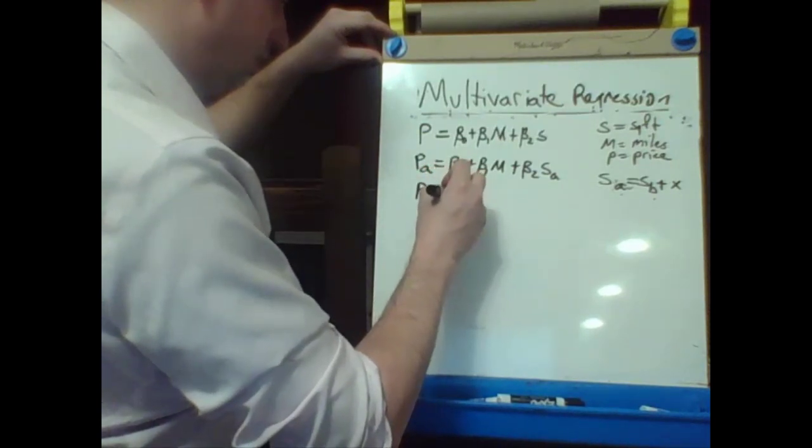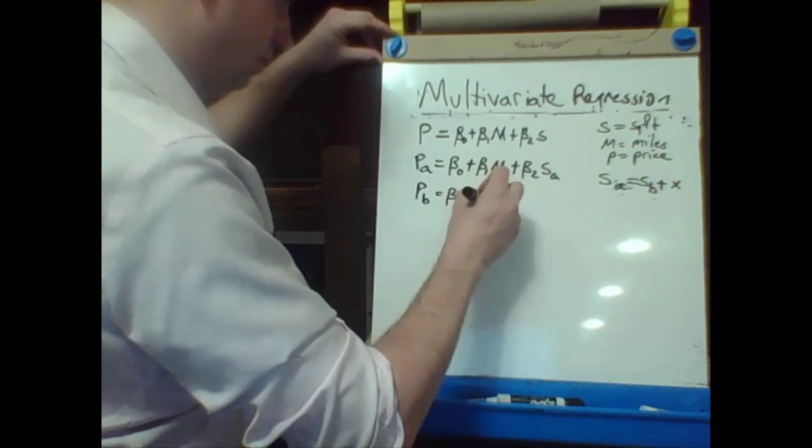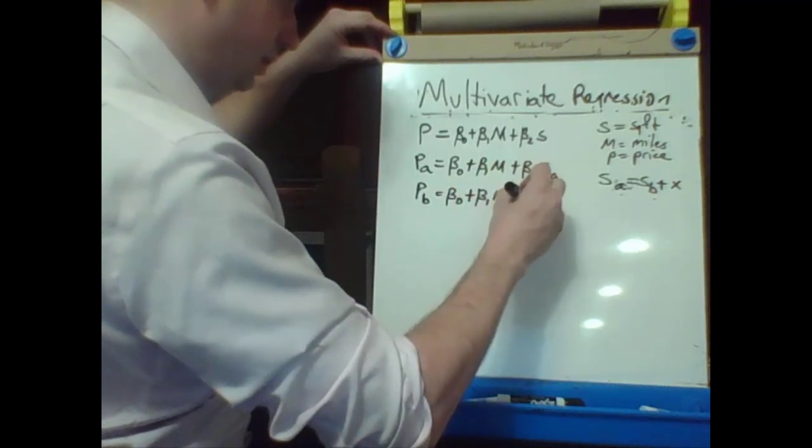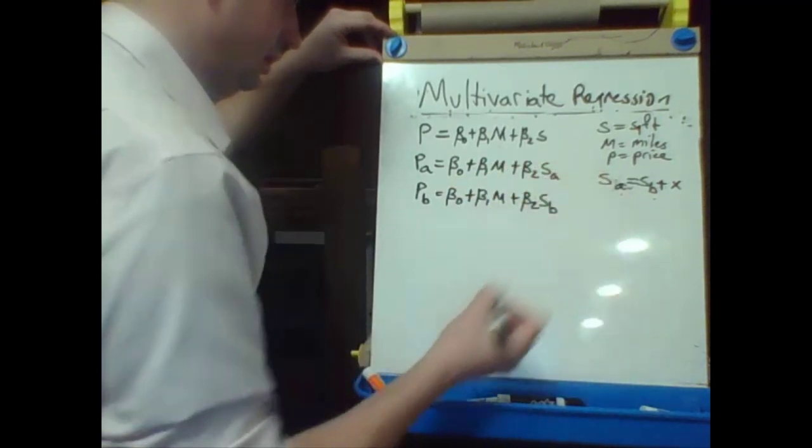PB equals beta 0 plus beta 1 M plus beta 2 SB.